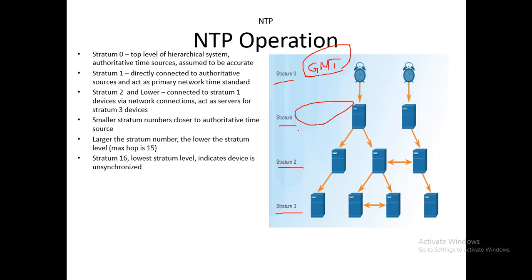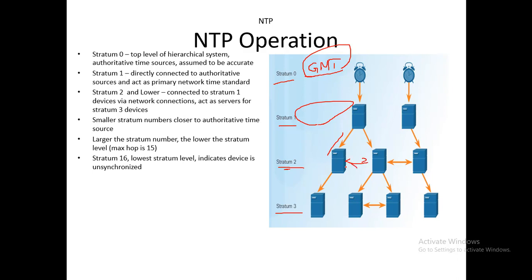Stratum 2 is lower and is connected to stratum 1. It is also possible that many of these devices are connected to stratum 1, so there is a high possibility of them having similar times.